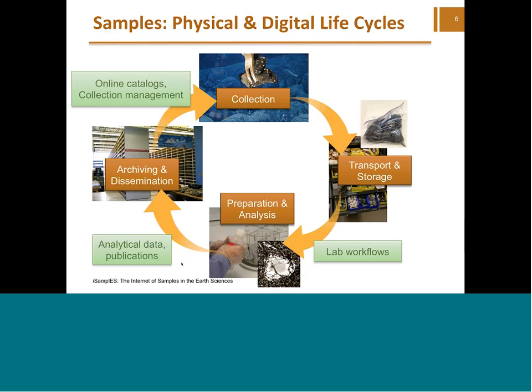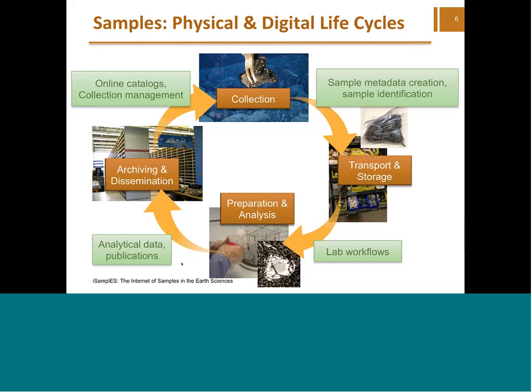We talk a lot about the life cycle of digital data, and physical samples actually have a life cycle in the physical world as well as in the digital world.